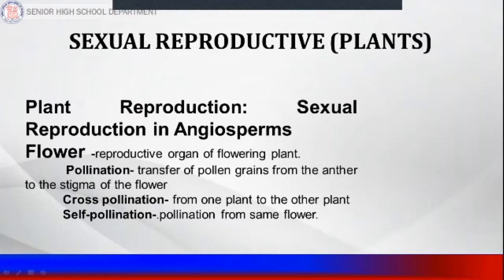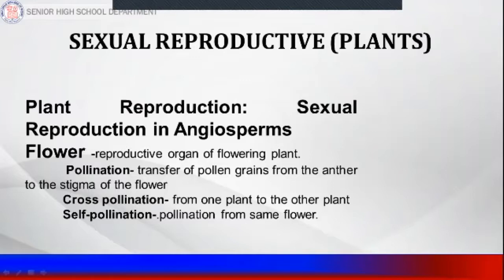When you say pollination, it's the transfer of pollen grains from the anther to the stigma of the flower. So what are the stigma and anther? Later on, we'll be talking about those plant parts one by one.